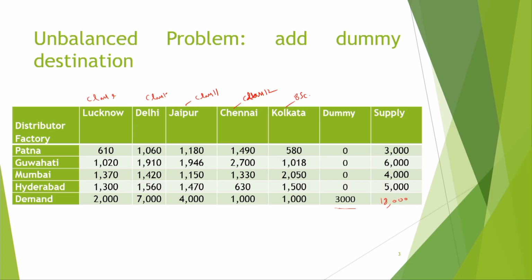Suppose the Patna worker will make some Lucknow type of item, but he charges 610 rupees per unit, and these are the capacities: how much job one requires and how much that person can make. Say the Patna worker can make only 3000. So the question is how you should allocate jobs to the workers so that your overall cost is minimized. Such types of problems can be done.